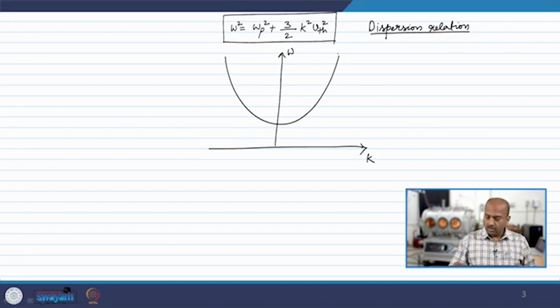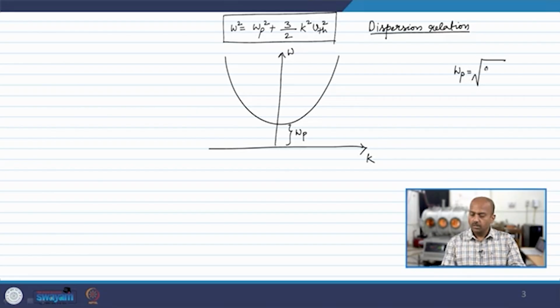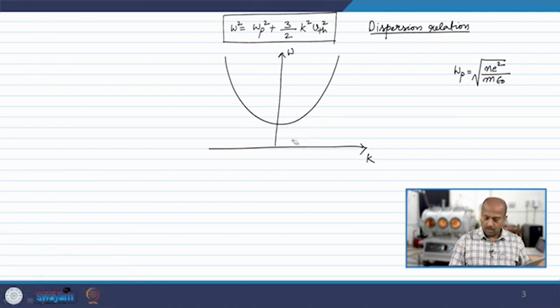Now, you see this intercept on the y axis is at a height, and this height is omega p, which is the plasma frequency. Omega p is the square root of n e square by m epsilon naught. Now, let us say we draw a line from a point, let us say point P, to the origin.